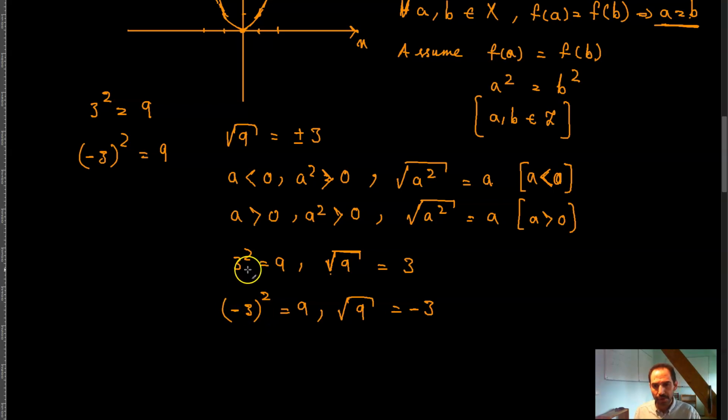So depending on what you started with, the square root function gives you the same number back, except that you're using the principal square root function, which in every case gives you only a positive output.